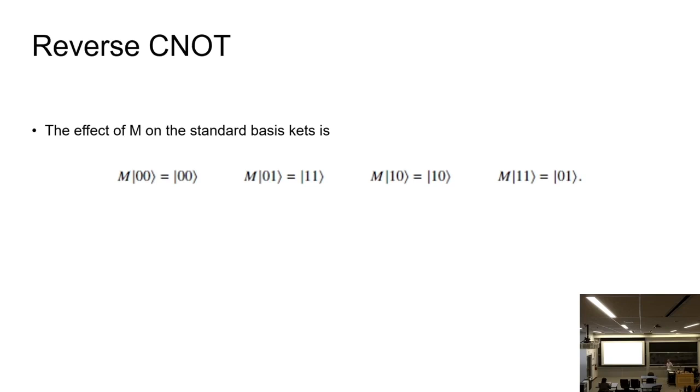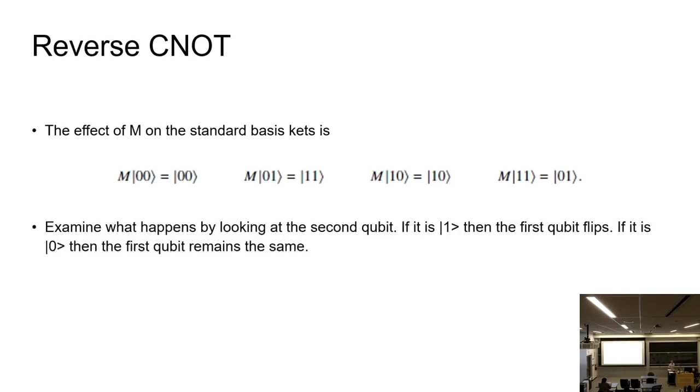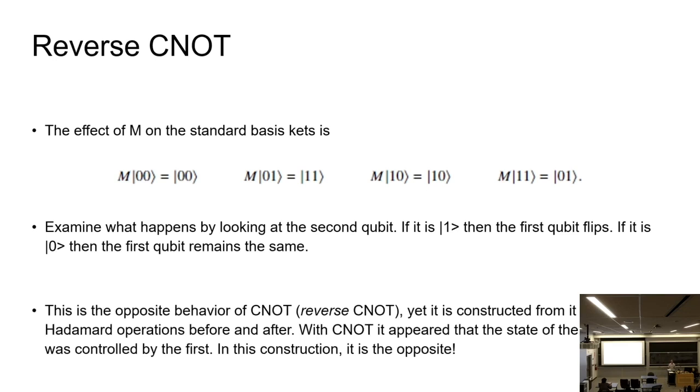So take a look at what happens to the second qubit. If it's 1, then the first qubit flips. And if it's 0, then it remains the same. So this is the opposite of the CNOT gate, and we call it the reverse CNOT gate.